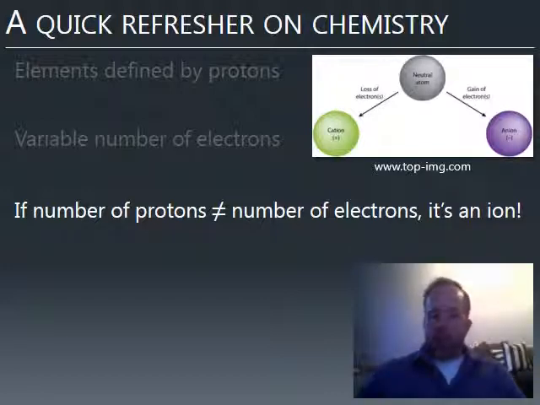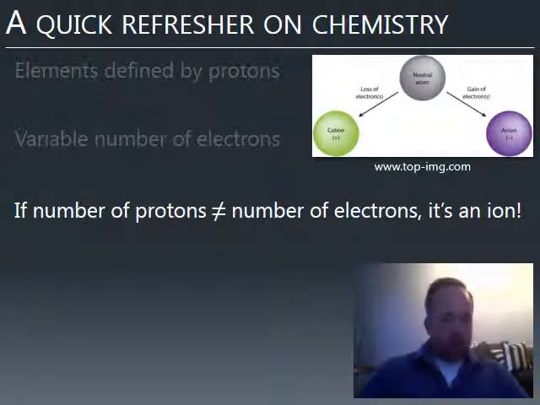Now, if these two charges don't balance out, in other words, if the number of protons is not equal to the number of electrons, it becomes what's called an ion, which means the charge isn't even between the two, so the atom itself has a net charge. It's a little more positive or a little more negative than neutral. If it has more electrons than protons, it becomes negative.